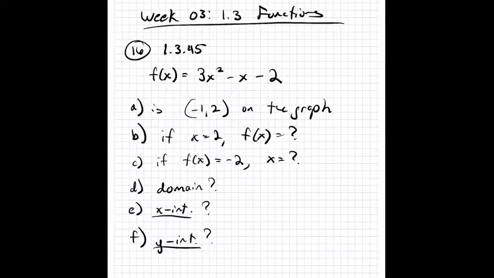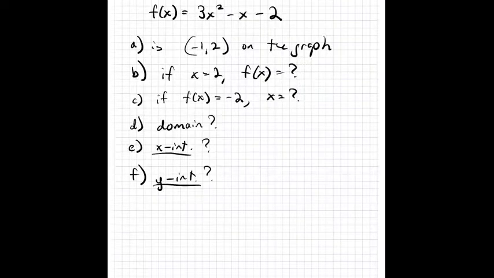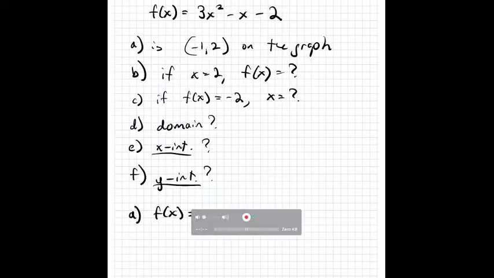For part A, f of x equals 3x squared minus x minus 2. We could probably factor this, but we'll factor it later because I think it pops up a little bit later. The first question is: is -1, 2 on the graph? So let x equal -1.